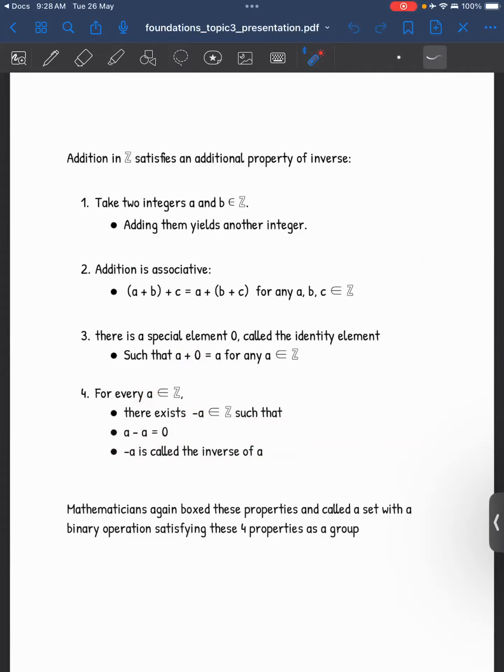The binary operation by definition is closed. It is associative. There is a special element 0 called the identity element, and inverses exist. So mathematicians again box these four properties, and call a set with a binary operation satisfying these four properties a group. When we say it's a binary operation, the first property is implied.